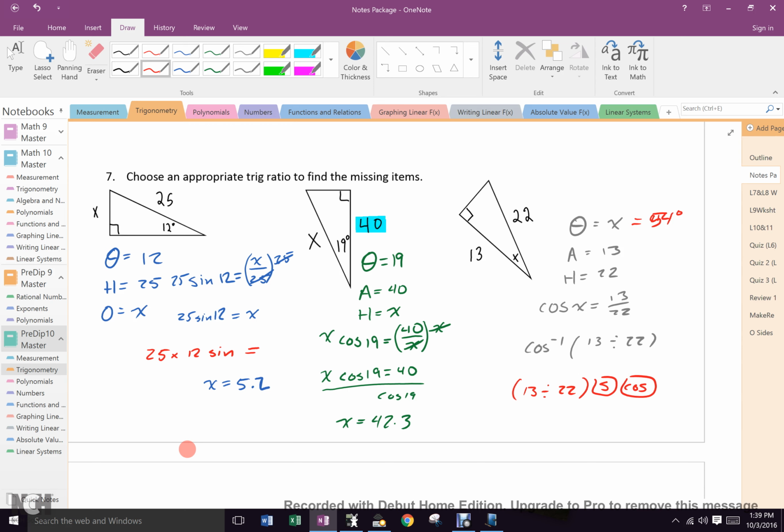I like making you do 1,000,000 of them because that gets you used to the format of theta, side, side, and making the decimal.